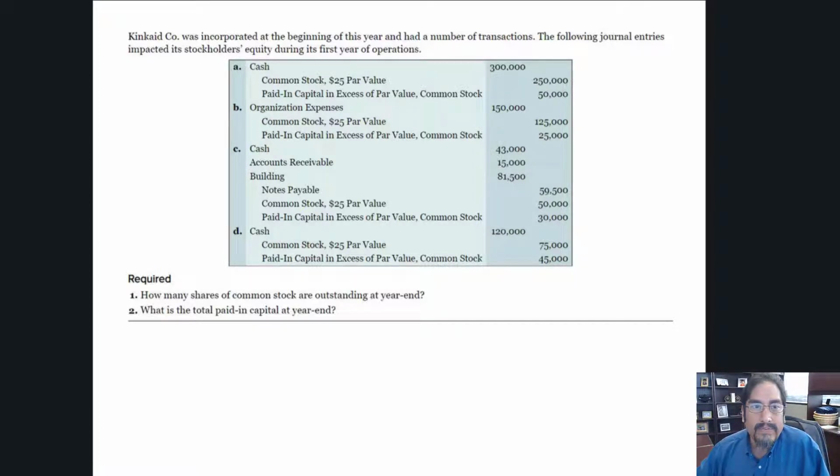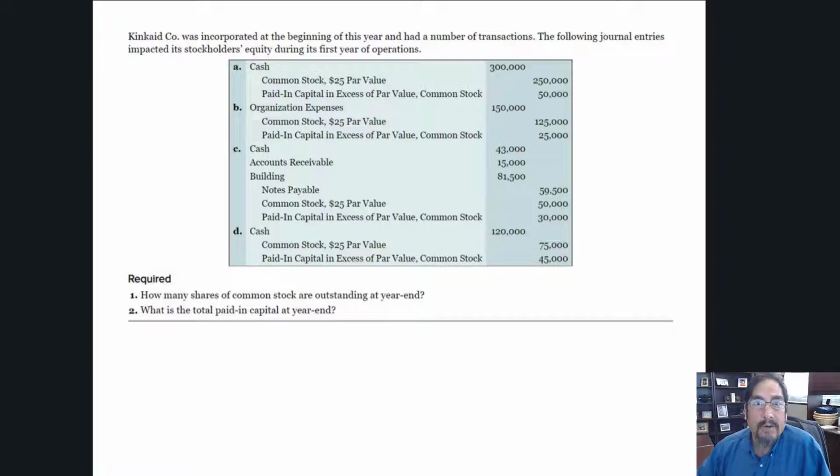In A, we've got cash in for $300,000, and then our credit is common stock and paid in capital in excess of par value that sum to $300,000. So what happened here was somebody, an investor, gave us $300,000 as an investment in exchange for our common stock.